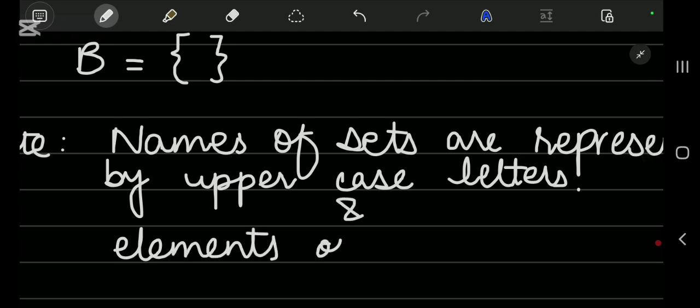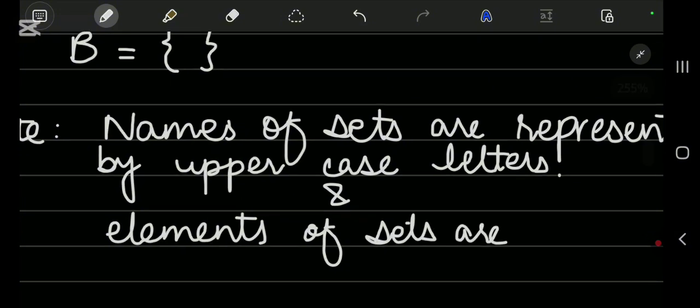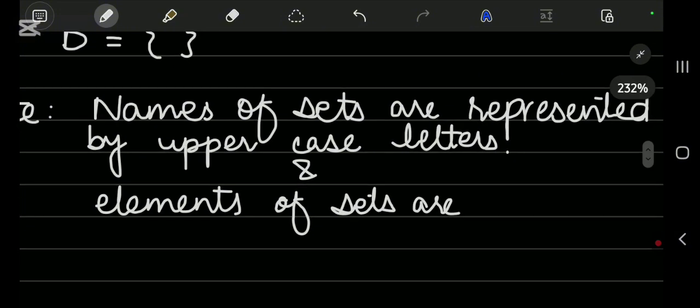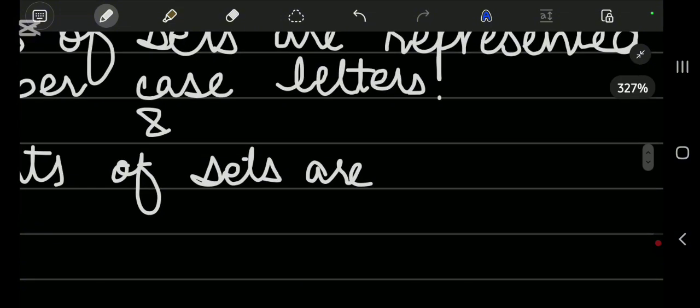And elements of sets, if they are like some letters or some names, so we often represent them by lowercase letters.